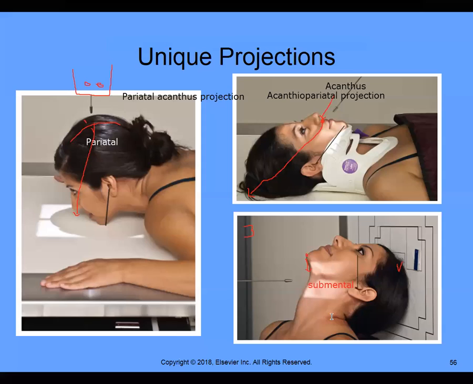So if I had to describe my central ray, here's my central ray, entering there and exiting here, then I can call this one the submentovertical projection, or in short, the SMV.